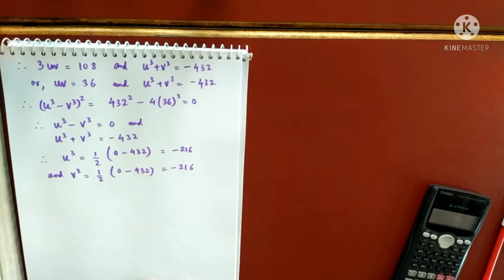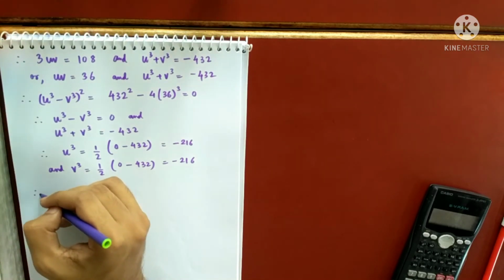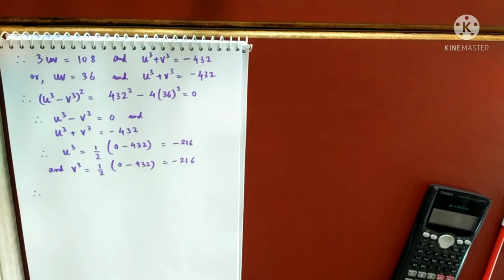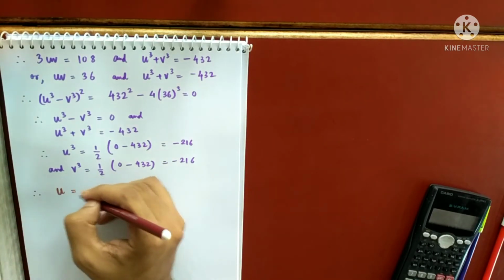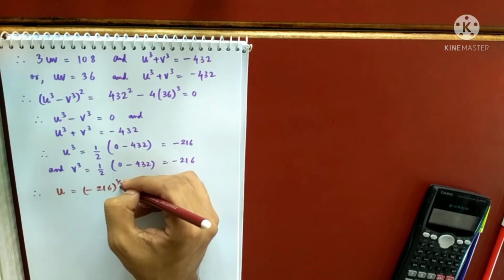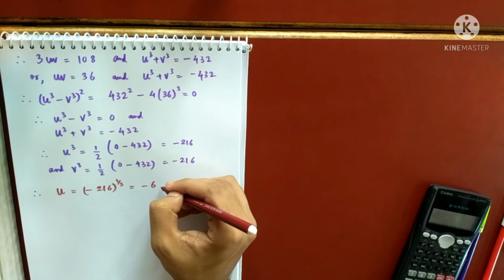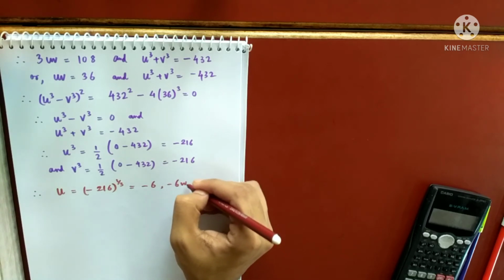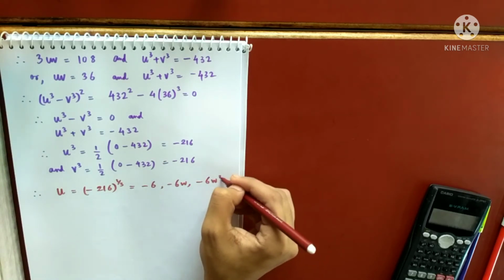So you have to find the same thing. Again, very obvious. What is u and v? u is the cube root of minus 216. This is minus 6. So minus 6 into 1, minus 6 into omega, minus 6 into omega square.